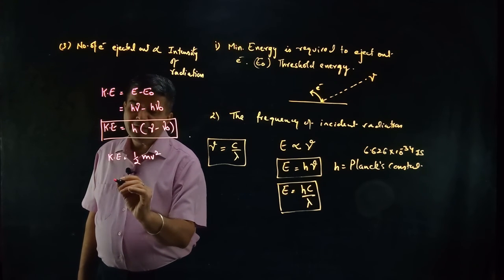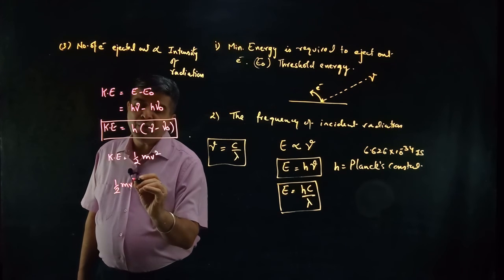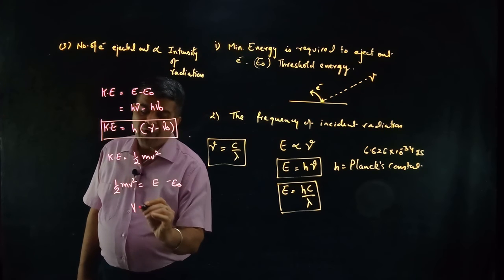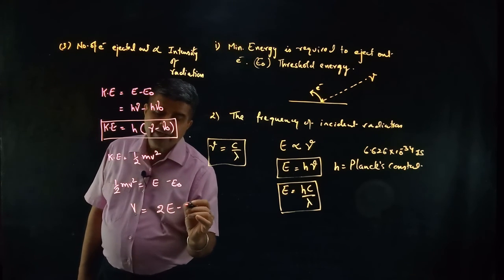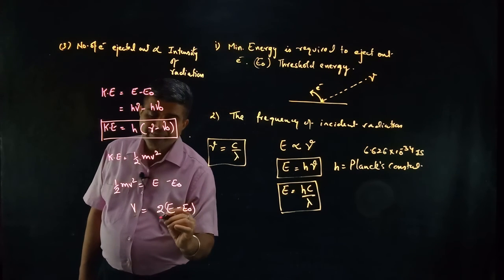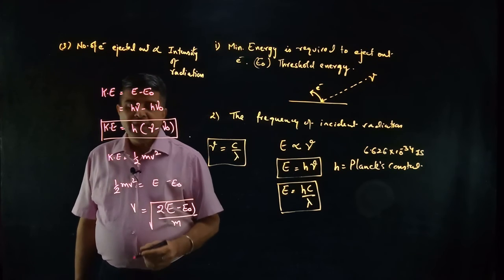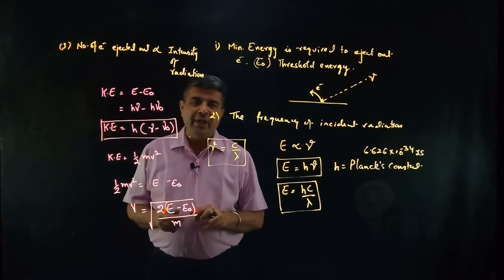So we can write half mv square is E minus E naught, or velocity of ejected electron is the square root of 2 times E minus E naught over m. By this method we can calculate the velocity of ejected electron.